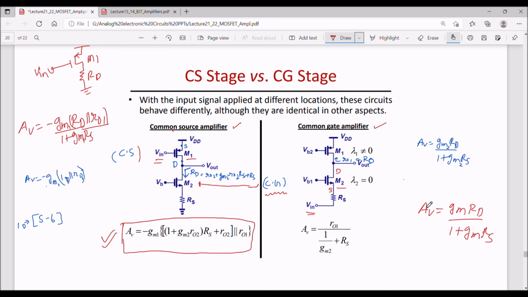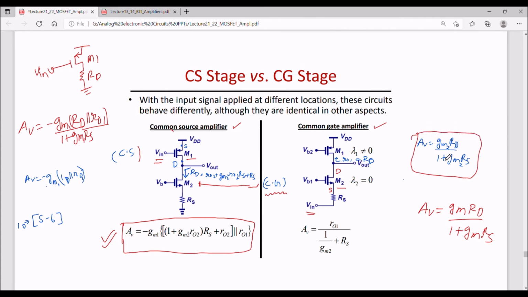Similarly here, I know that this is a common gate with drain resistance, that is this M1 with VB is acting as drain resistance. And looking into the drain of M1, I can find out the impedance, which is equal to RO1, which is acting as RD. And the gain of this common gate amplifier is this much, AV equals GM2 RD by 1 plus GM2 RS, where RD is this much, RO1.